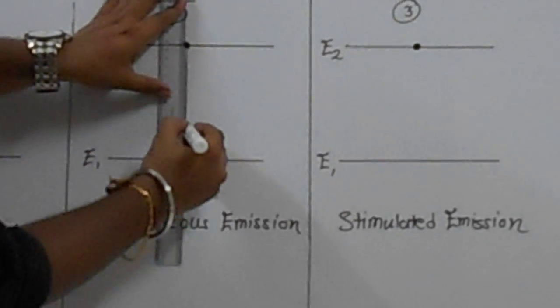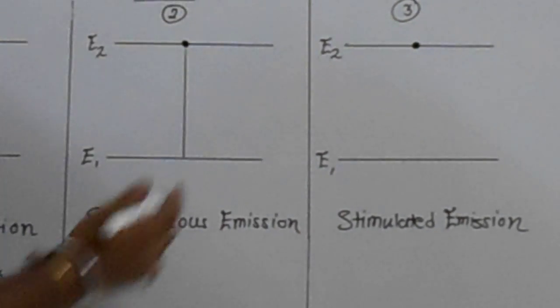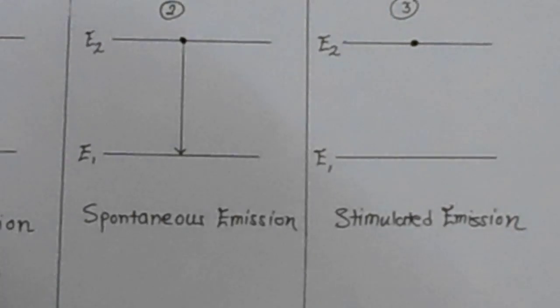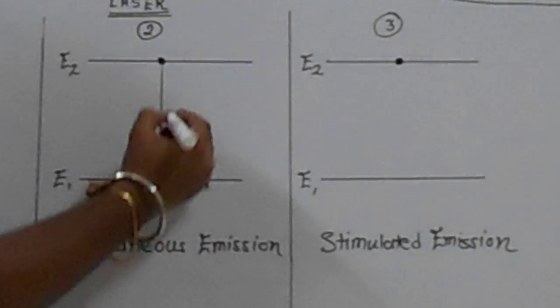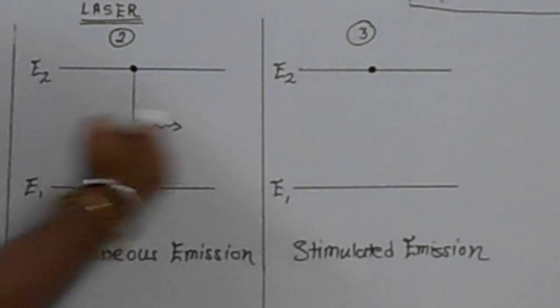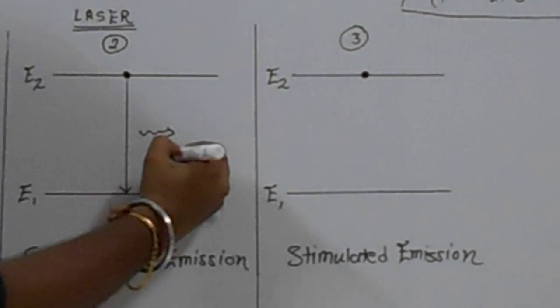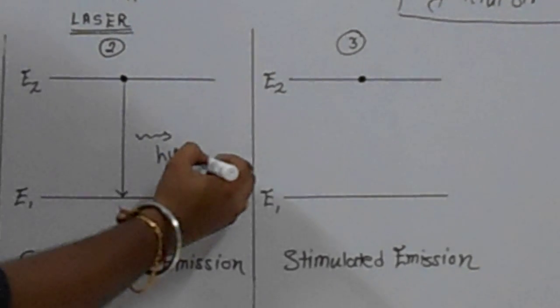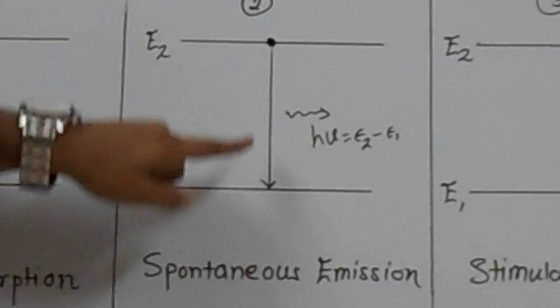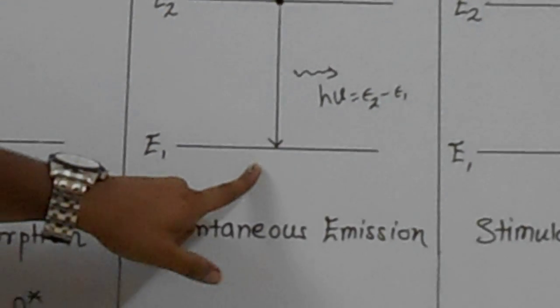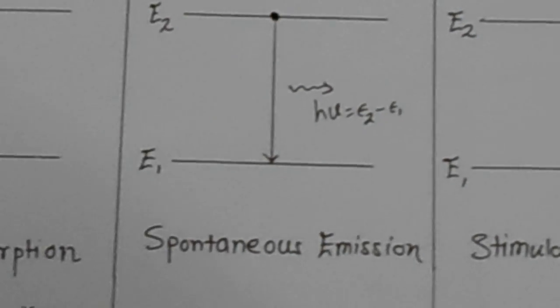So this electron will immediately come back to its lower level, which is the ground state. While making this downward transition, the electron will release a photon of the same value h nu, which is equal to E2 minus E1. So spontaneous emission is the one in which the excited electron comes back to the lower energy level with the emission of a photon.